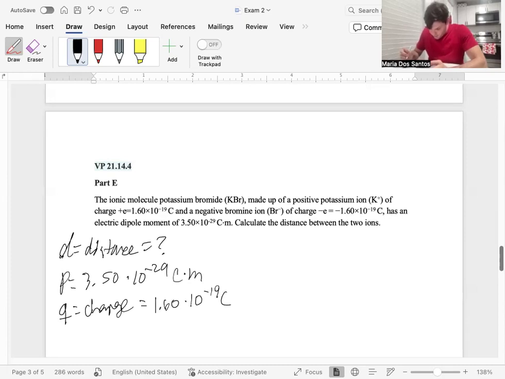There is a formula that dipole moment equals charge times distance, which is what we need. So there is a relationship between those three. We should rearrange and plug in to solve this one.